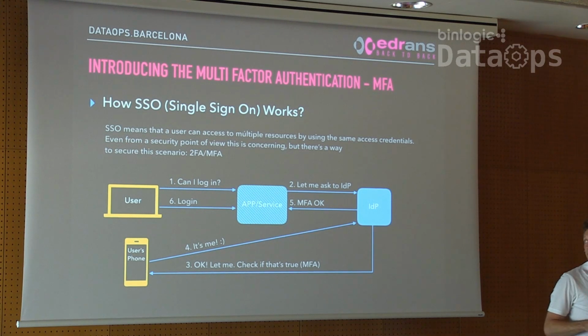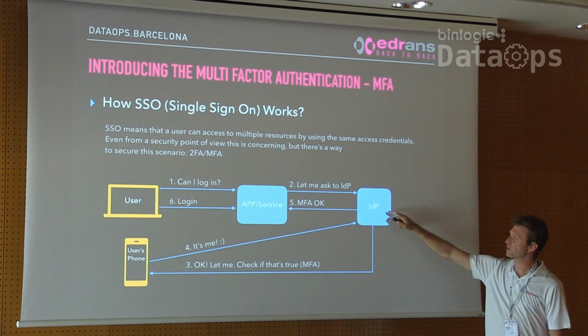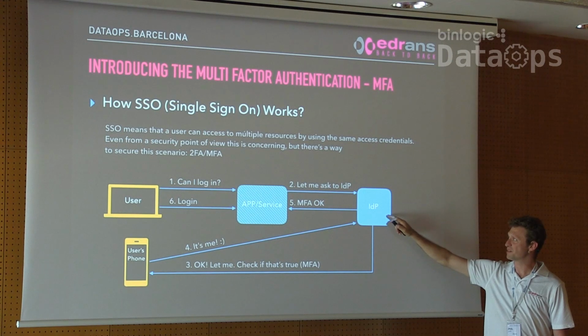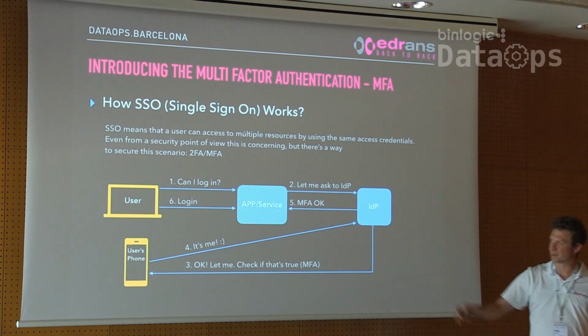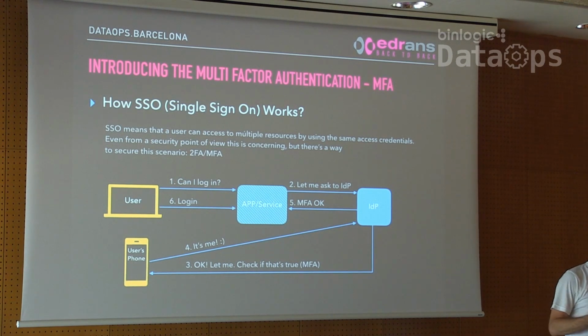We just need to know that it works and it authenticates our users. Then, after the access credentials are verified, the identity provider can send us, for example, some kind of token or multi-factor authentication to our phone, and then you can just authorize the connection, saying, yes, it's me. Okay, the multi-factor and the access credentials are okay, so the user can log in to the application. Simple as that.